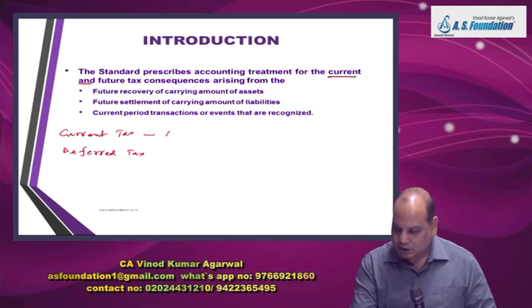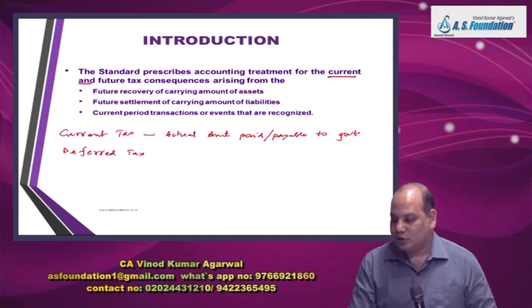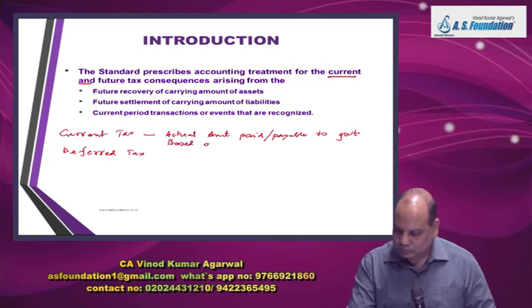Current tax is the actual amount paid or payable to government. This is what we have to pay to the government based on tax laws.